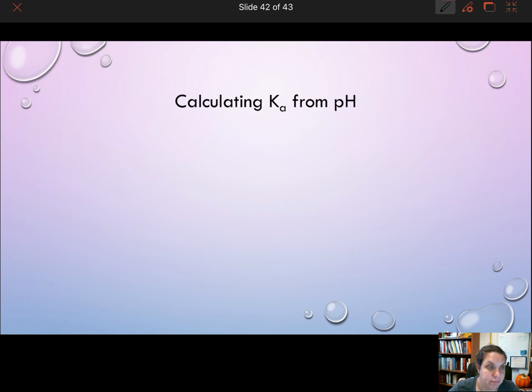Now, let's move on to Ka calculations. If we have pH, we can very easily solve for Ka. We're going to use an ice table. Right? And what we're going to do is we're going to set up an ice table.